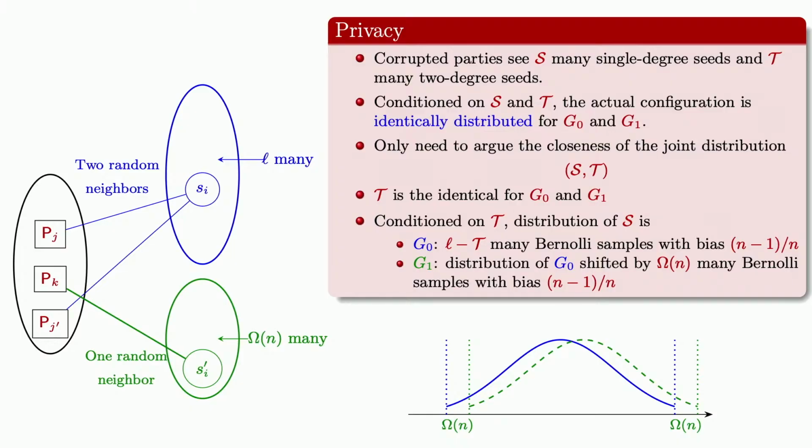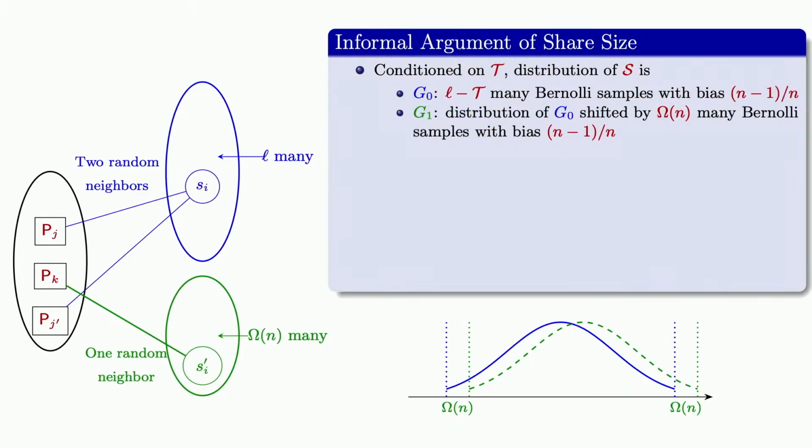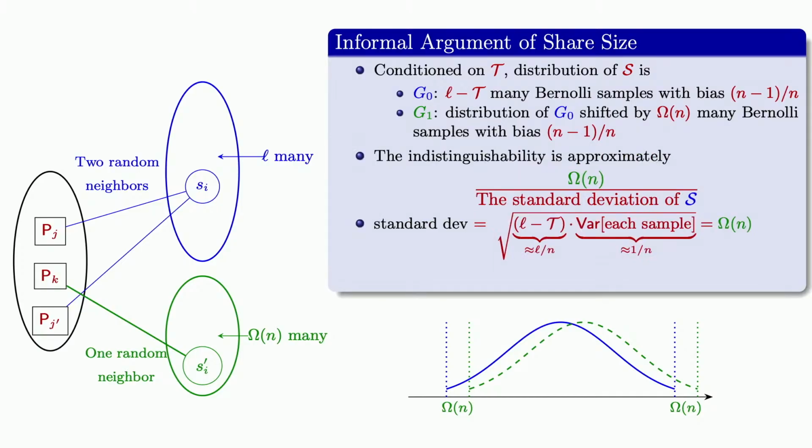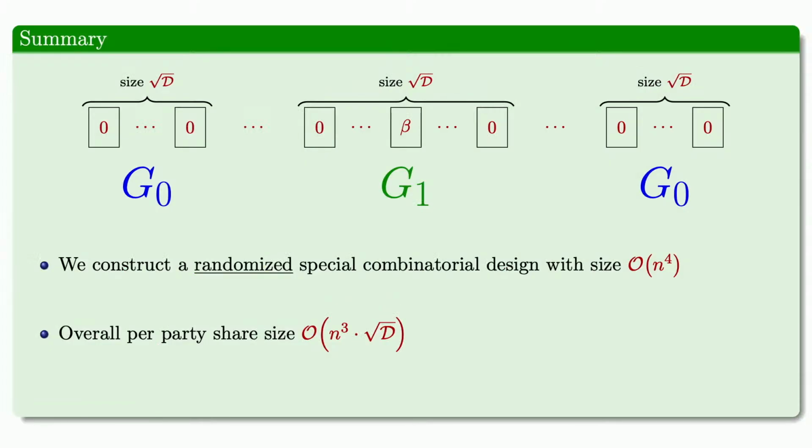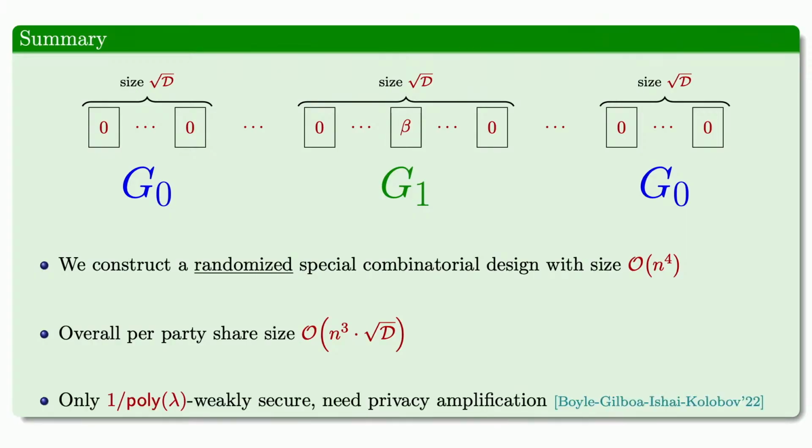Okay, I was also planning on giving you an informal discussion of why L needs to be n to the fourth power, but in the interest of time, I'll skip that. So to sum up, in this work we abstract this special combinatorial design, use the BGI template, and construct a randomized special combinatorial design with size n to the fourth power.